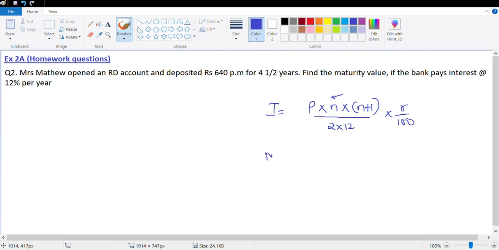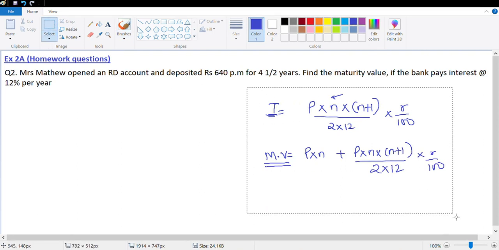If we have to calculate the maturity value, which is basically the amount that the person will get at the end of the term, that'll be principal into number of months plus principal into number of months into n plus 1 upon 2 into 12 into r upon 100. So this is the formula for maturity value. This is the formula for interest.